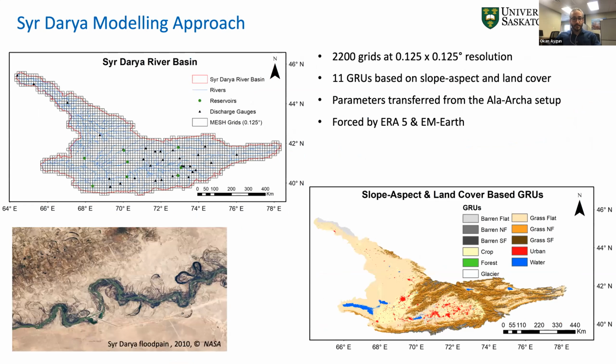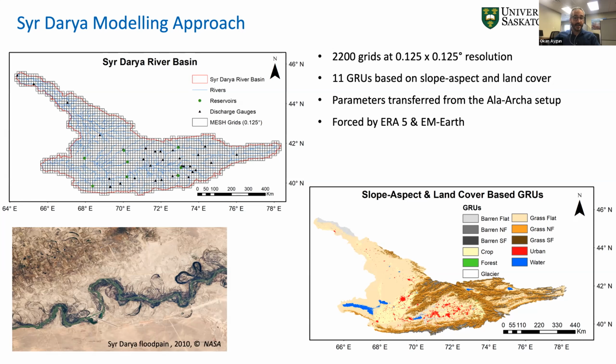Next, what we did is we scaled up and built a MESH model for the entire Syr Darya River Basin, which is about 300,000 square kilometers, and glaciers occupy about 2% of the basin. Using the MERIT Hydro DEM, the basin was delineated with the main outlet using a rectangular latitude and longitude grid with a spatial resolution of 0.125 degrees, which yielded 2,200 grids.